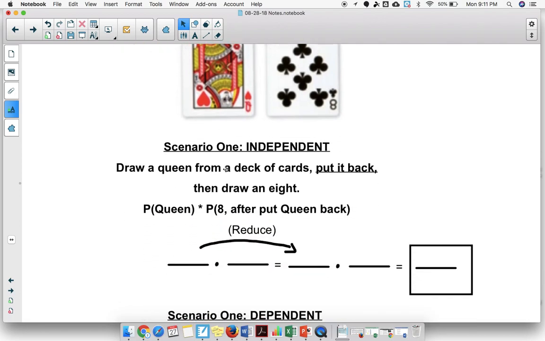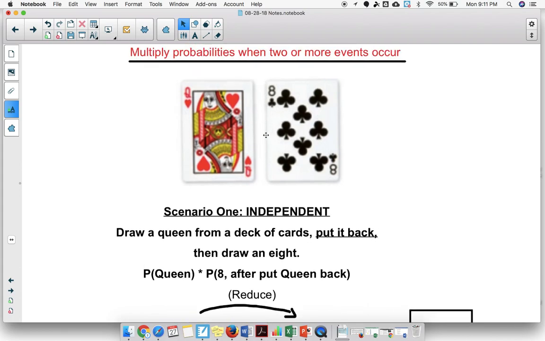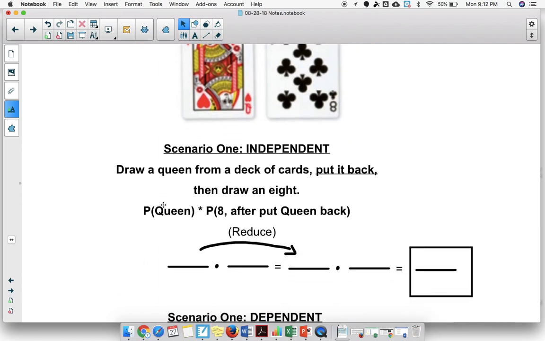So let's say on the first scenario, you have these 2 cards and you pull them from a deck. You pick a queen and you put it back in the deck and then you pick an 8. So the probability of drawing a queen would be 4 out of 52. 4 queens in a deck and 52 cards in the deck. All right.